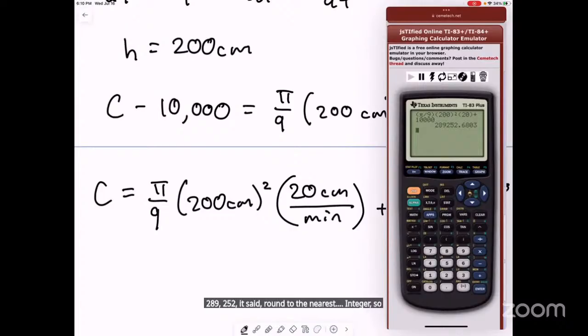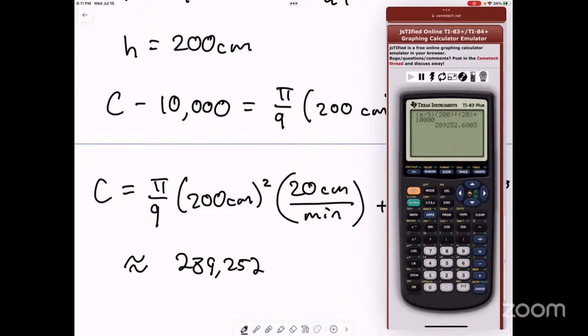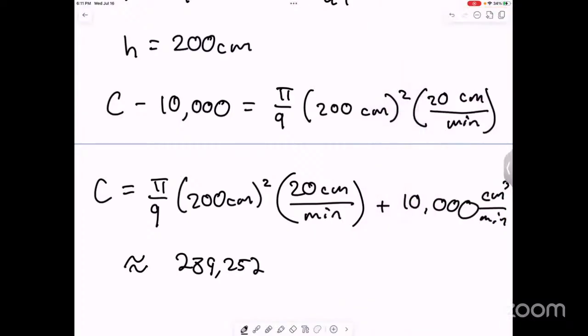So this is approximately 289,253 cubic centimeters every minute.